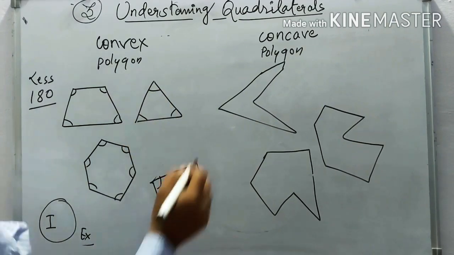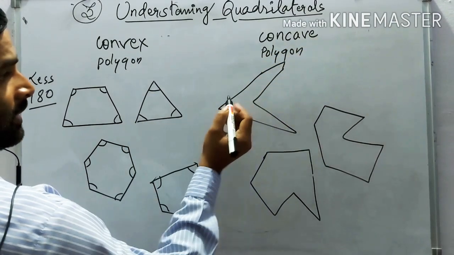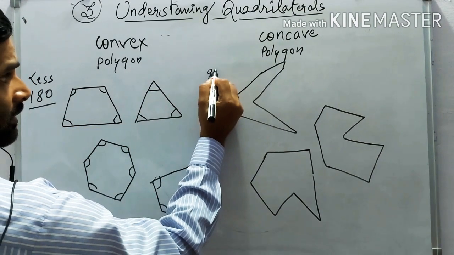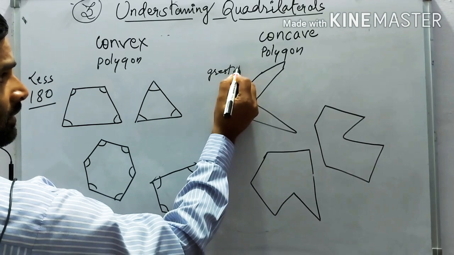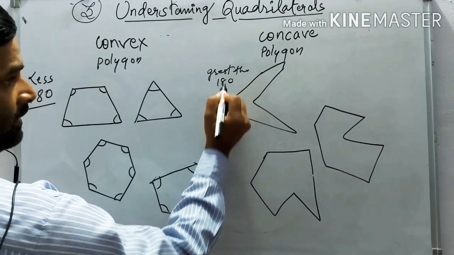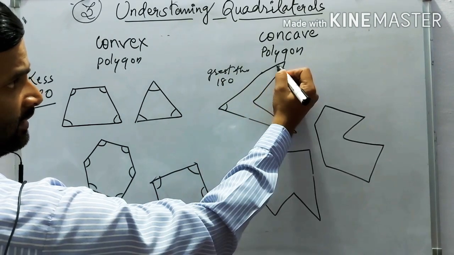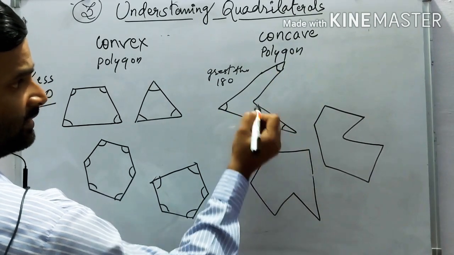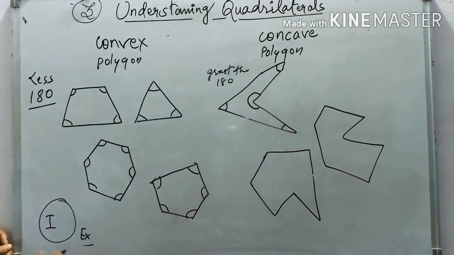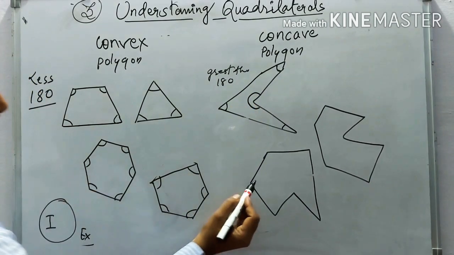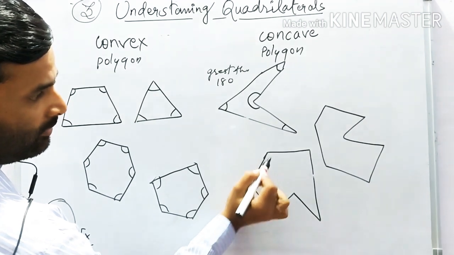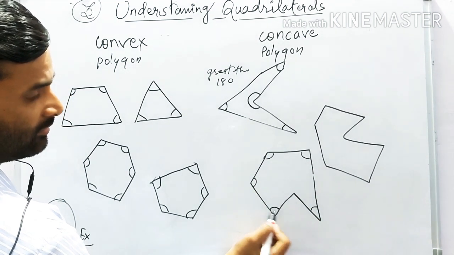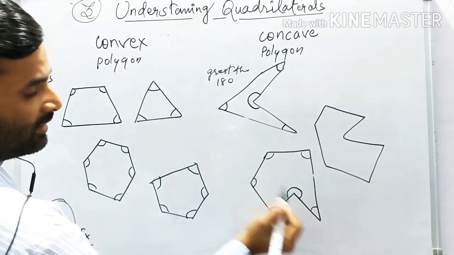And a concave polygon has any one angle which is greater than 180. Here the angles are less than 90, less than 180, less than 180, less than 180, but this angle is greater than 180. In the second diagram, less than 180, less than 180, less than 180, less than 180, and this angle is greater than 180.